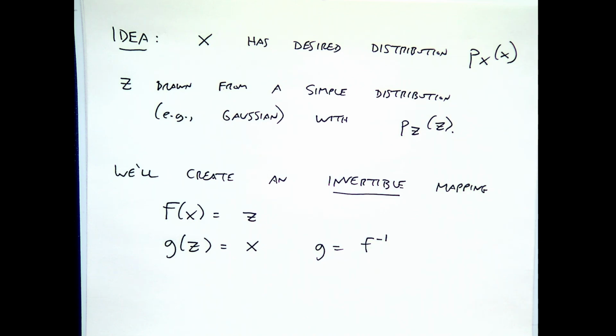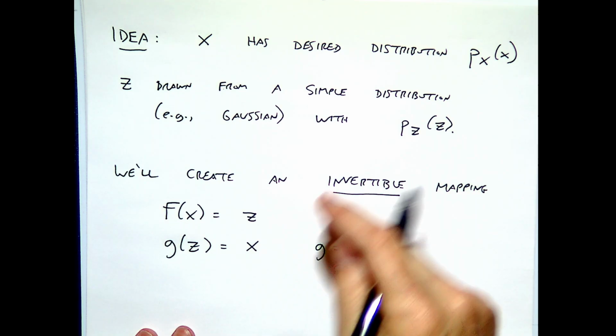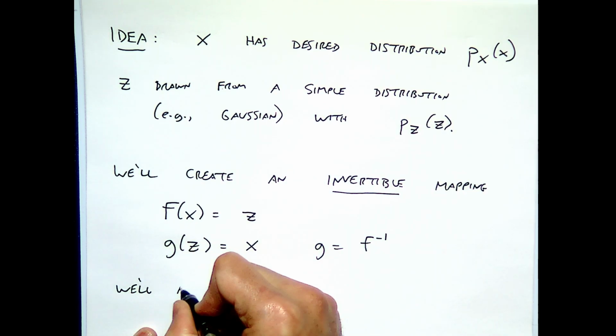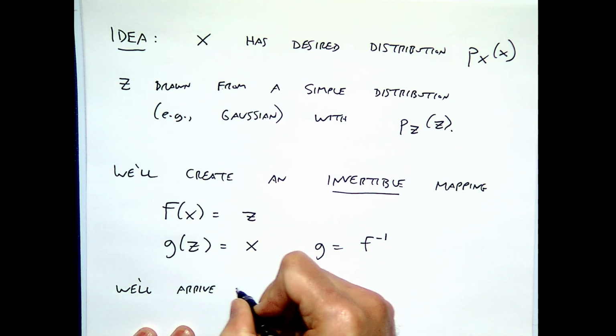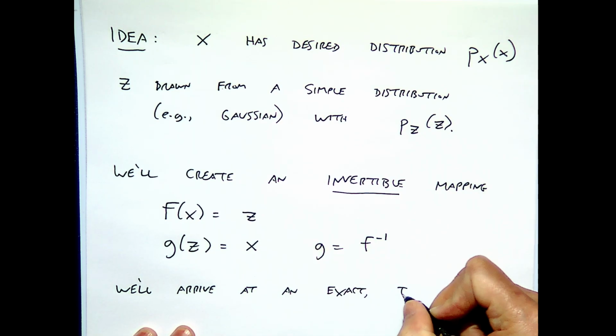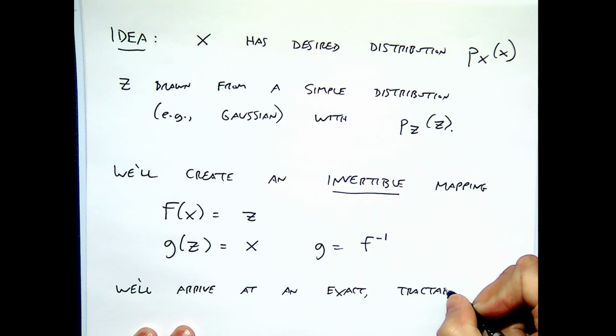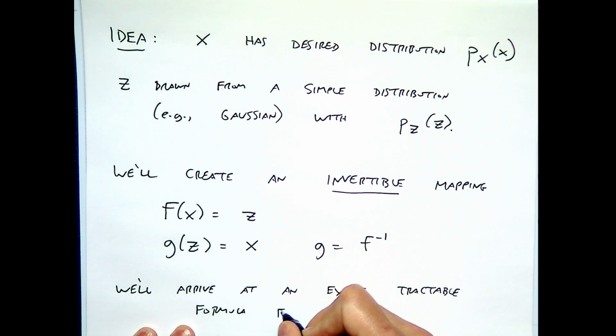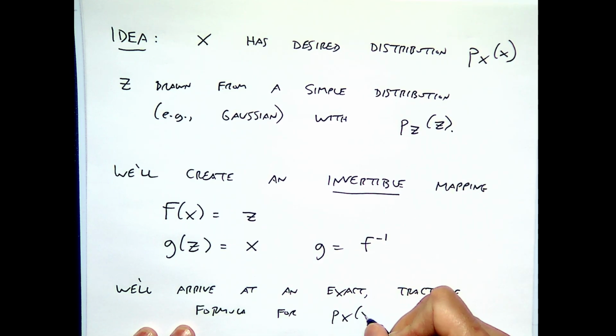And then we're going to use the chain rule and Jacobians to find an exact and tractable formula for this distribution p of x, right? So we'll arrive at an exact tractable formula for this distribution that we want.